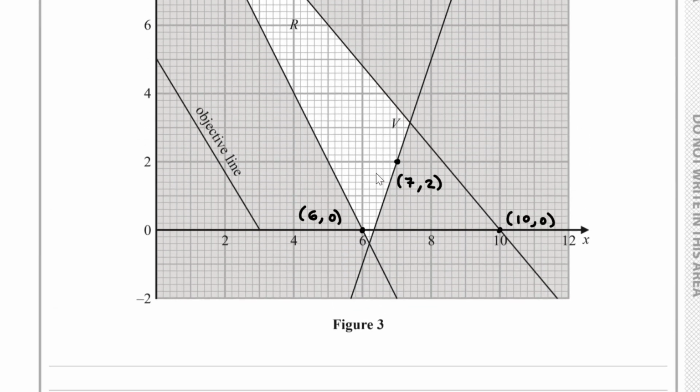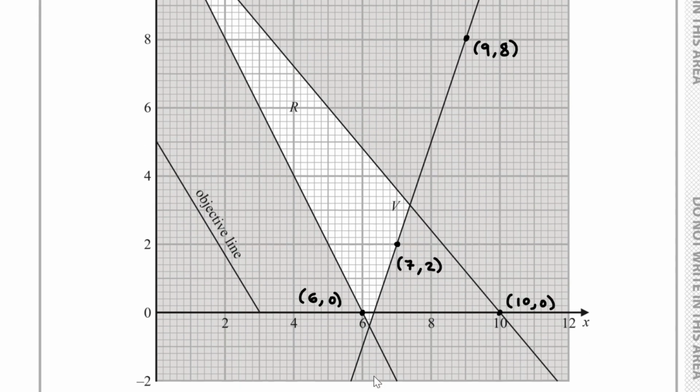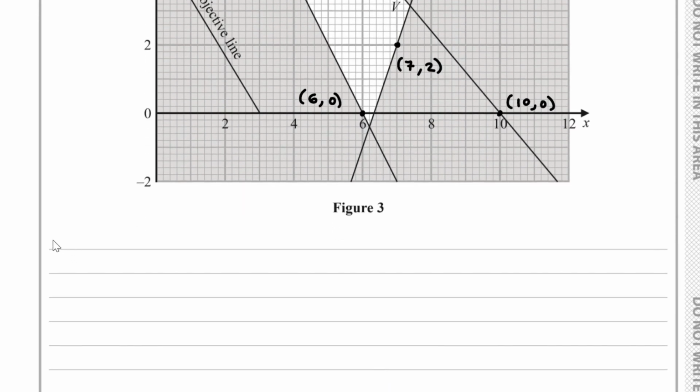So let's first of all consider this line over here. If we consider the points 0, 12 and 6, 0, the gradient, that's equal to 0 take 12 over 6 take 0, which you'd find to be minus 2.